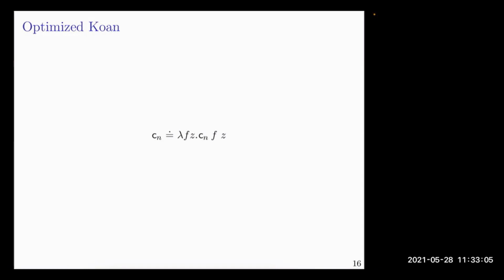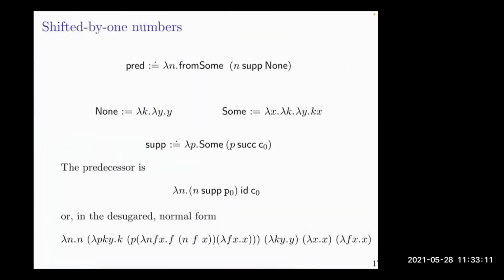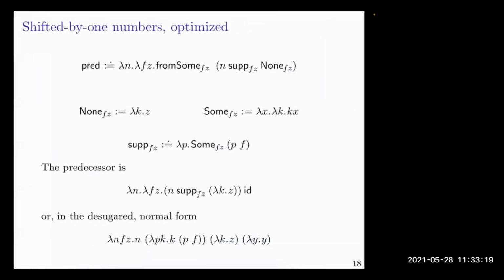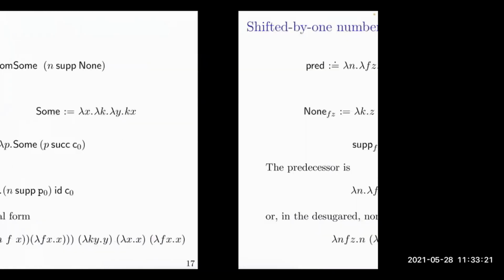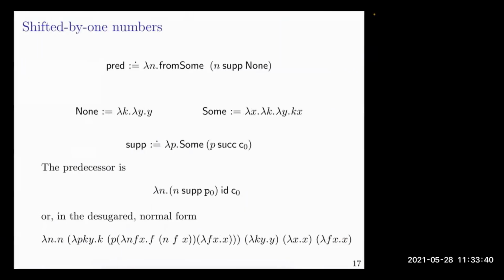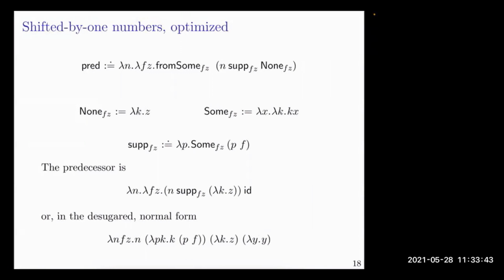So now we can redo what we have done, but using this subscripted F and Z. This is the previous slide we had before, unsubscripted. This is the derivation. And now we do it subscripted. So the predecessor, as you can see, now becomes lambda FZ. And now everything has sum of Z, sup of Z, none of Z. None of Z is easy, because Z is already available: lambda K returns Z. There is no need to take it as an argument.